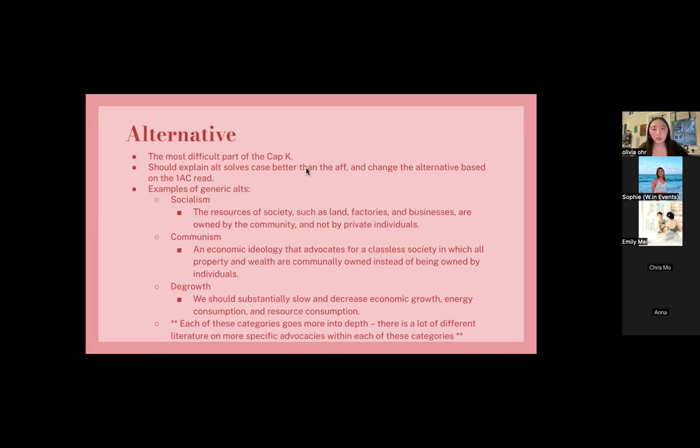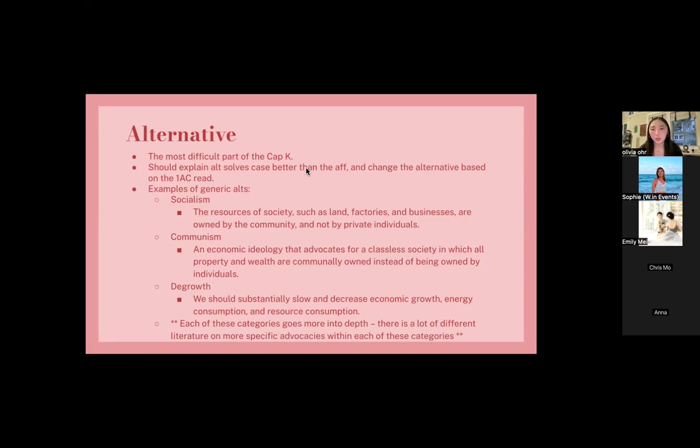I'm not super familiar with that alt because I don't really go for it or read it. But if you look at the warrants in the card, it's more specific to a revolutionary strategy. And the Black Panther Party is more of a past example of organizing and revolutionary change. So that would be more of a revolutionary alt rather than a government shift to degrowth or socialism.